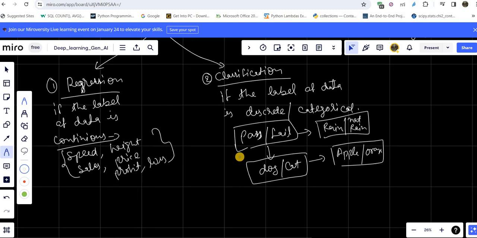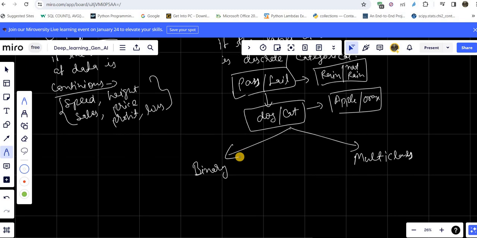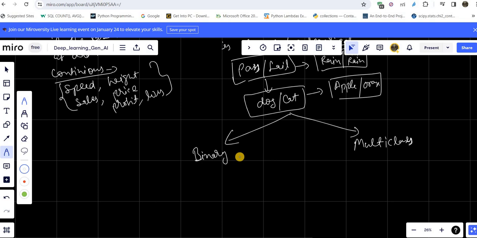Now classification can be subdivided into two parts. One is called binary and the second is called multi-class. There is one more which is called multi-label, but I'm not going into that, it is advanced, which we will understand later.